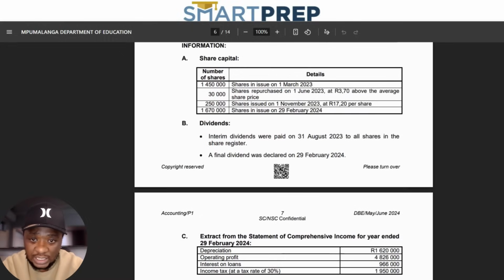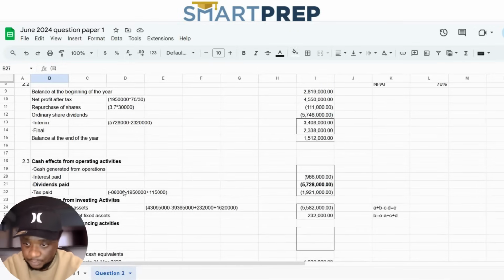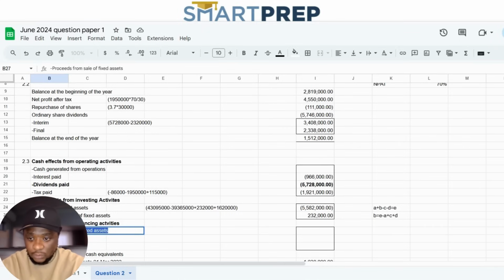So let's start with the shares. We know that 250,000 shares were issued on 1 November at 17 Rand 20. So that's fairly straightforward, because we're just going to say 250,000. So we're firstly going to say proceeds from issue of shares.